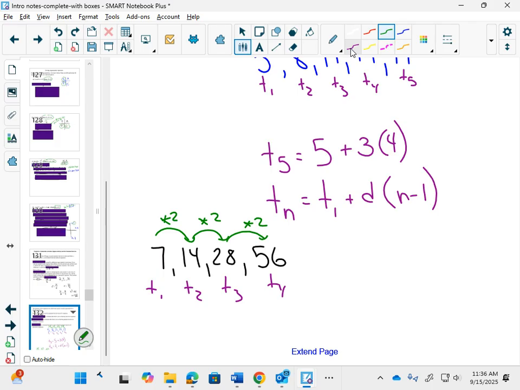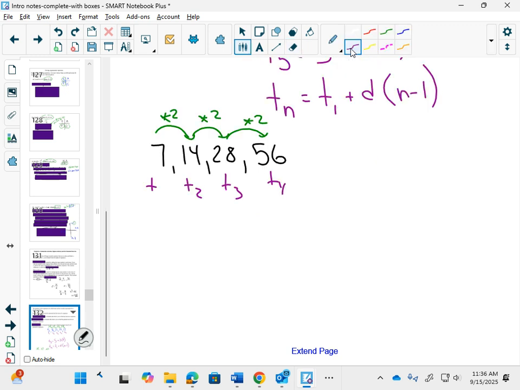So if I wanted to find term 4, I could take term 1 and I've multiplied by 2 three times to get there. How could I start with term 1 and get to term 4? Term 1, I have doubled and doubled and doubled, so 2 three times.